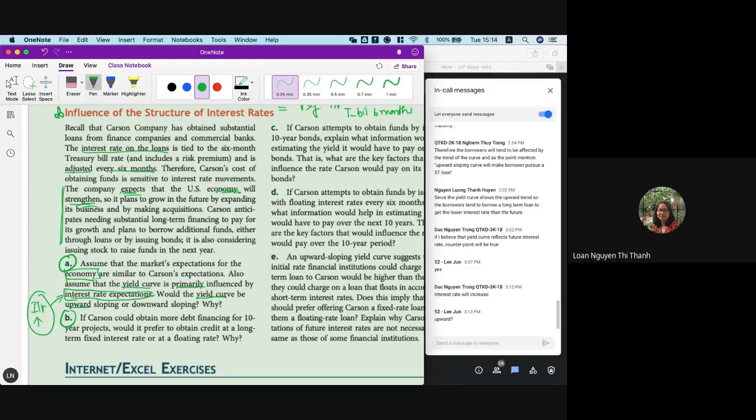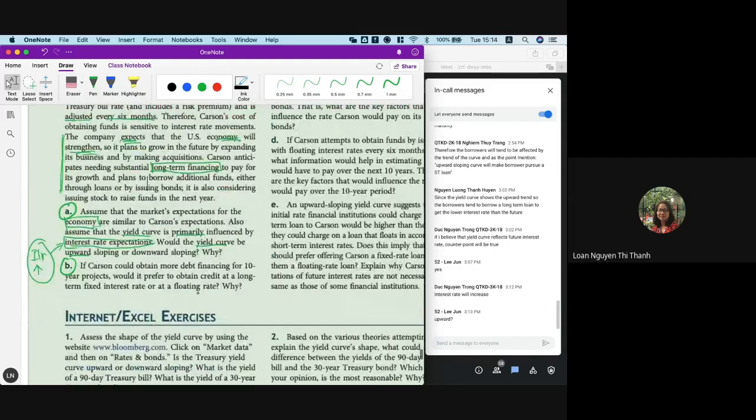And also, you remember, the firm needs funding for the long term: loans, or issuing bonds or stock. So for the Carson company, you need to account for the liquidity effect, or liquidity premium.